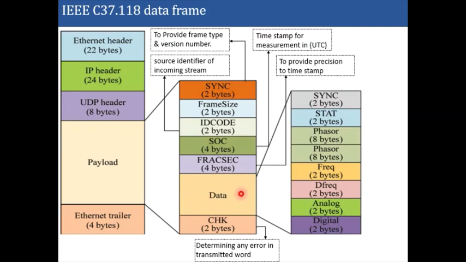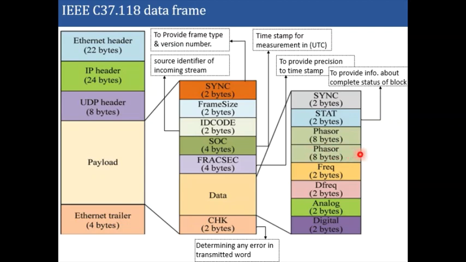Now in this data frame, what information do you store? First is the sync block, which is again to provide the frame type and version number details. Stat block is to provide information about the complete status of this data block. And then we have the various phasor data information. The first block of the phasor may contain voltage phasor information.